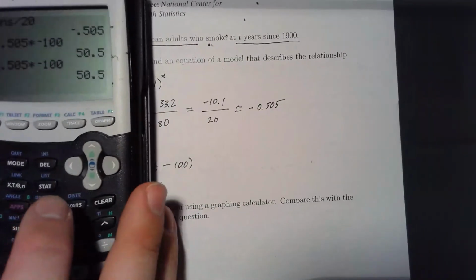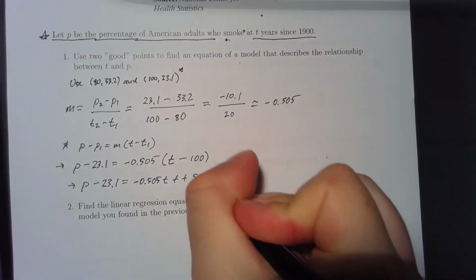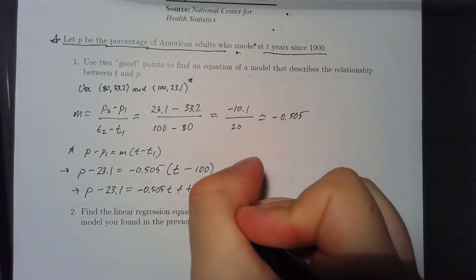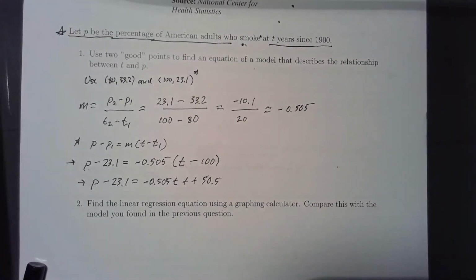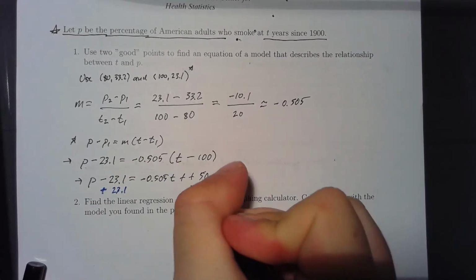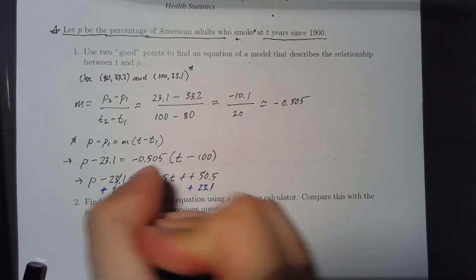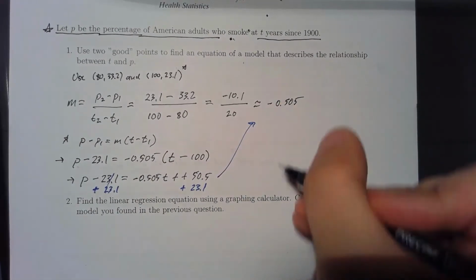That is going to be 50.5. And then the last thing, add 23.1 to both sides.